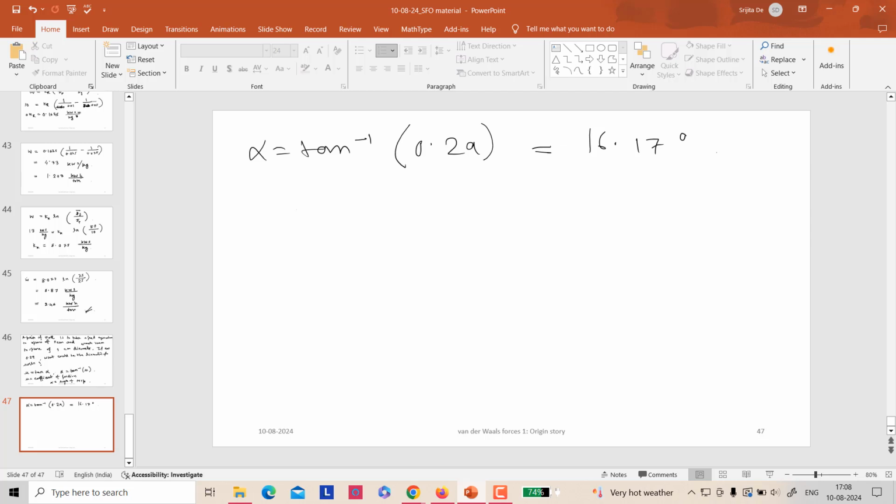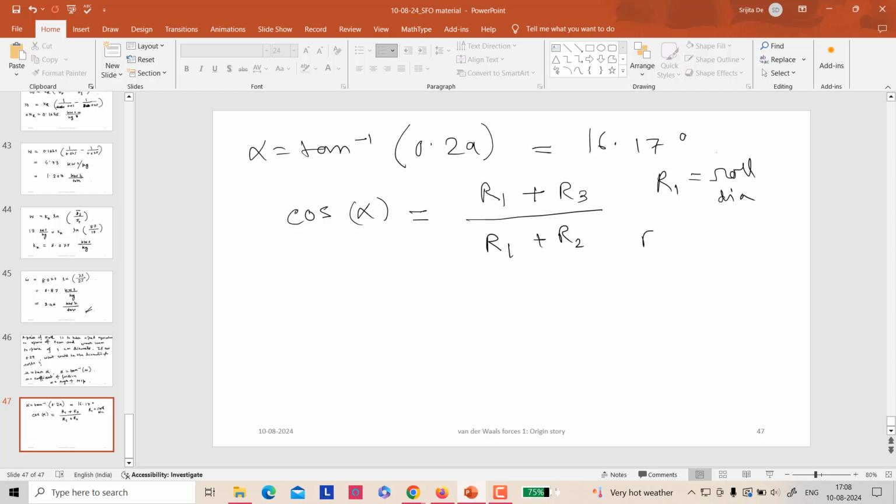Right, now we have got the angle of nip. So we have remembered the formula of cos alpha, that equals to the diameter of the roll, that is R1, plus product diameter, that is R3, over R1 plus R2. R1 is the roll diameter, R2 is the feed particle diameter, and R3 is the product or crushed particle diameter. So we know every value.